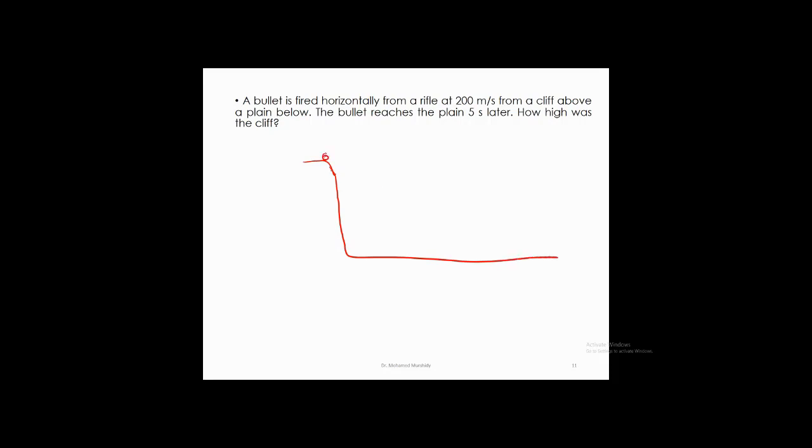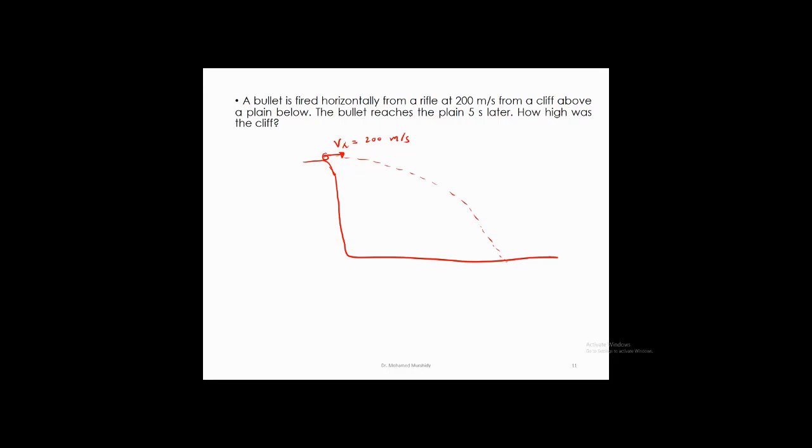It has been fired from here, and the bullet will take this path. The initial speed in the x direction is 200 meters per second, and there is no initial speed in y, because it was fired horizontally.